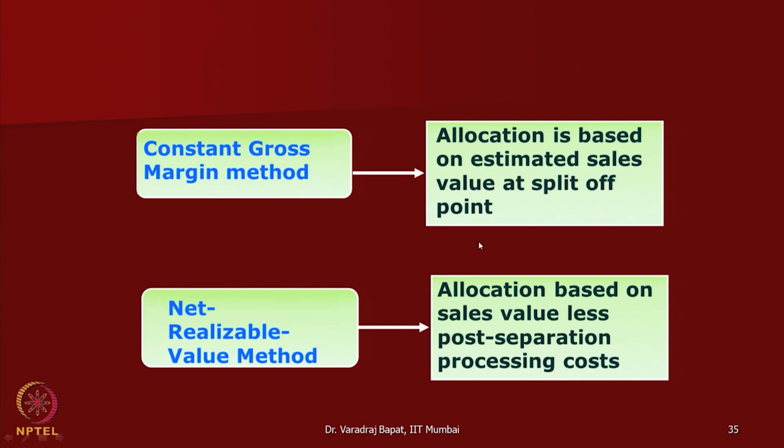And in case of net realizable value, first we know the sale price after separation. We reduce the post separation costs to get the net realizable value, and allocation will be based on net realizable value.